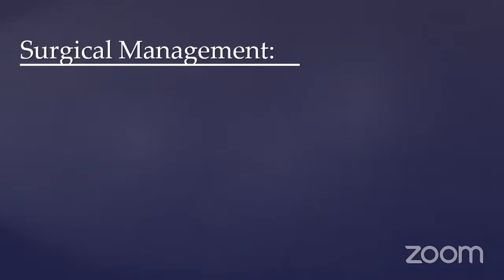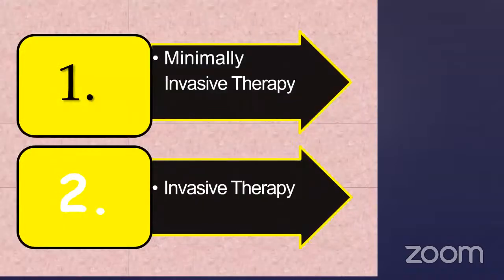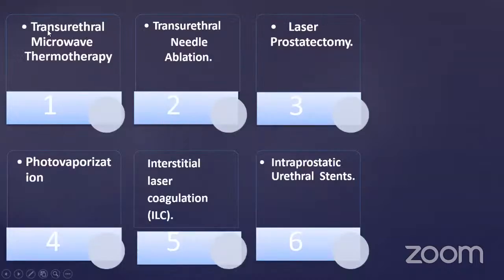After medical management, the other management is surgical management. In surgical management, there are two types of surgeries: minimally invasive therapy and invasive therapy. In minimally invasive therapy, the procedures are transurethral microwave thermotherapy, transurethral needle ablation, laser prostatectomy, photovaporization, interstitial laser coagulation, and intraprostatic urethral stents.